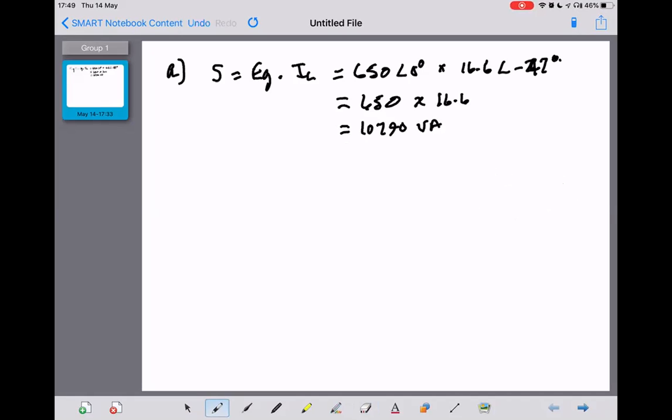Yep. 10.8 kVA is what I've moved that to. But you'd get full marks if you just left it as 10,790 VA anyway.